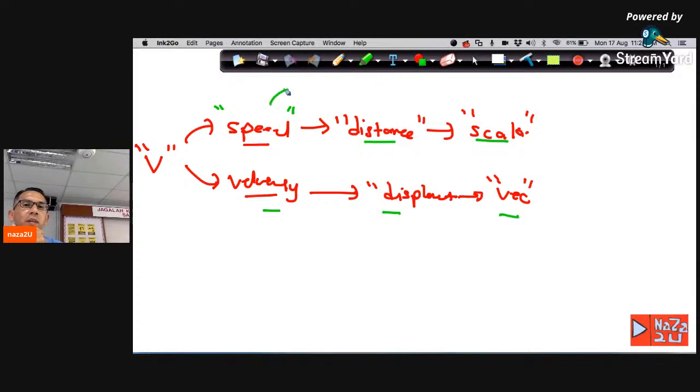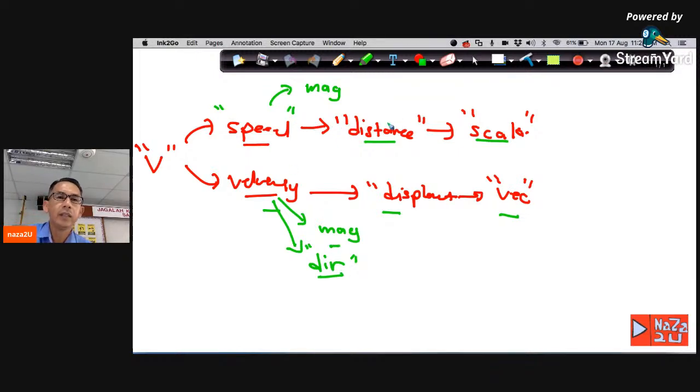So speed focuses on the magnitude only, and the velocity must have a magnitude, or nilai magnitude, and so vector meaning we must have a direction. So this is how you can differentiate between the speed and velocity, right?